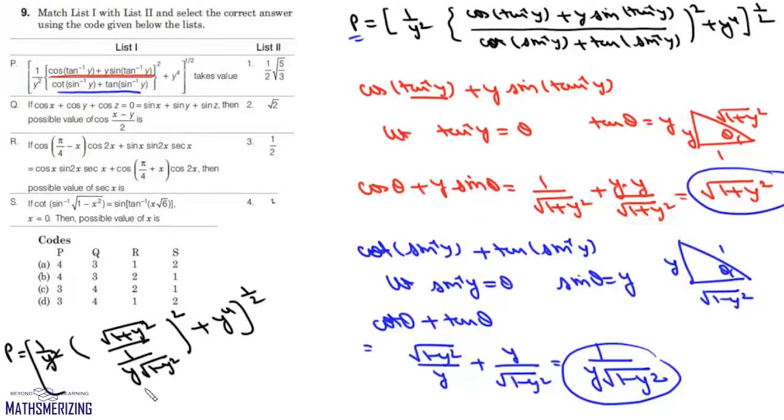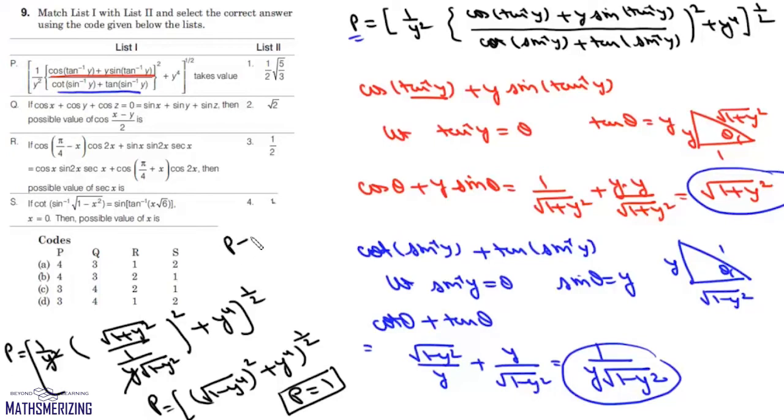Now y square and y square will cancel. So we get P as (1 minus y to the power 4) whole square plus y to the power 4, to the power 1 by 2. Now square and square root will cancel, and y to the power 4 will also cancel. So the value of P will be simply 1. So P matches with option 4.